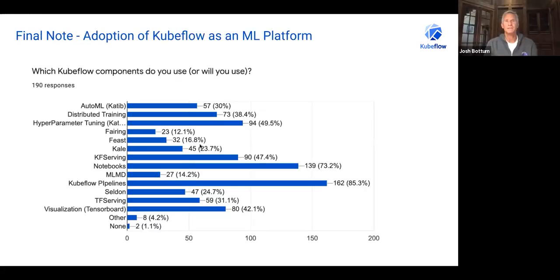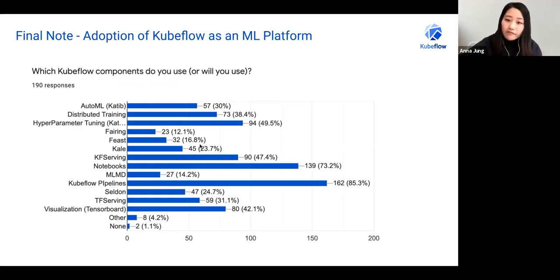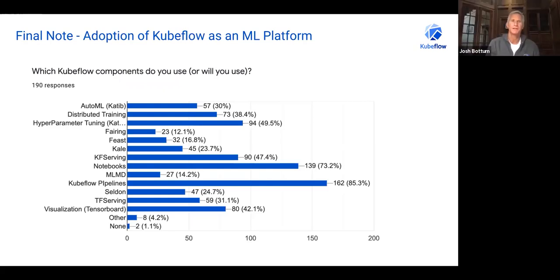Thanks, Anna. I'd like to sum up this release with some final notes. I continue to watch the user survey and user input about the adoption of Kubeflow, especially as a platform. One thing I wanted to point out from this survey is the components that are being used.